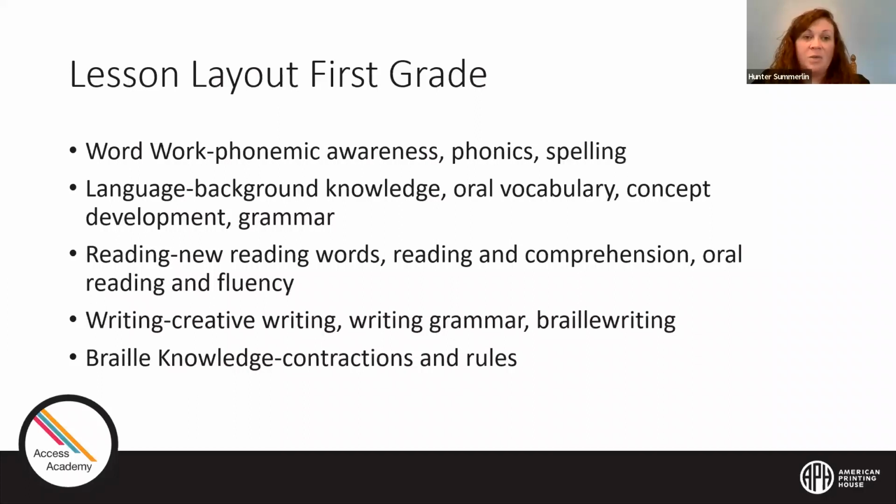There's language, which includes background knowledge, oral vocabulary, concept development, and grammar. There is reading, which involves new reading words, reading and comprehension, oral reading and fluency. There is a writing component. This includes creative writing, writing grammar, and Braille writing. Then there is Braille knowledge, which involves all of our fantastic contractions and rules.